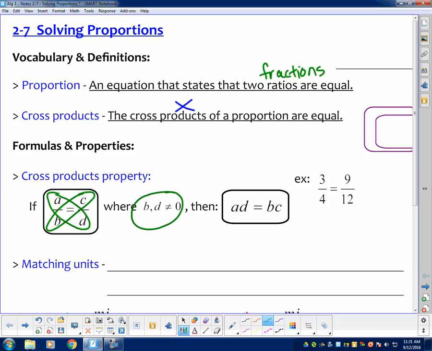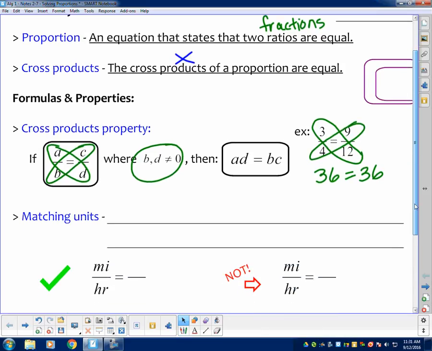So we know it works because if we do this, what's 3 times 12? 36. What's 9 times 4? 36. Those are equal if we cross multiply. Perfect. Okay, make sure you're getting all this on your paper.